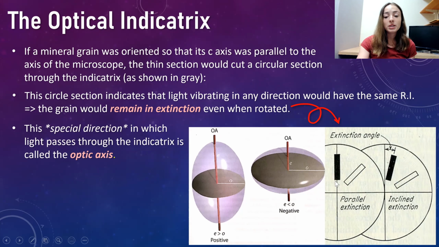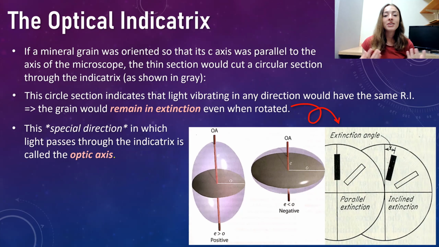You'll notice that no matter which way you rotate it, you can't get it to come out of extinction. And that is when you are looking at this specific orientation of the grain in this special direction, which I put little asterisks around because I just love the way my textbook worded that. They said this special direction in which light passes through the indicatrix is called the optic axis.